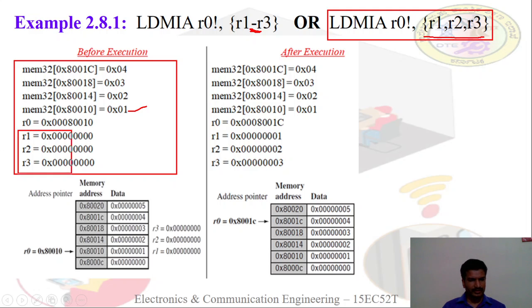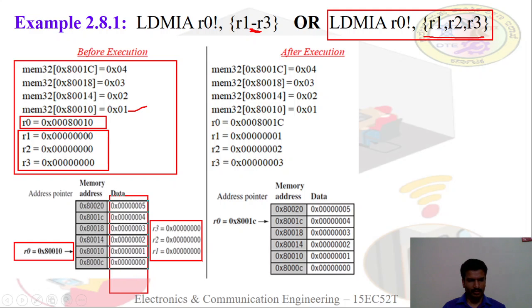And the registers, initially assume they are 0. The starting address held by R0 points to memory location 80010. See here, 80010. So this is the starting address. Initially all register values are 0, and these are the initial values of the memory locations.